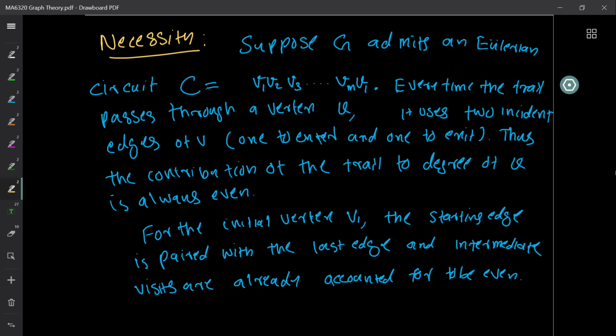So these two will count 2 to the degree, and the contribution will always be even.